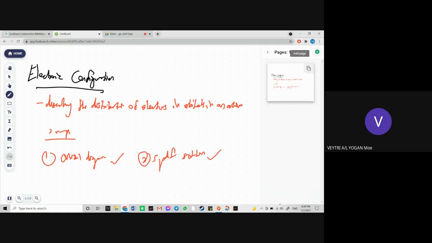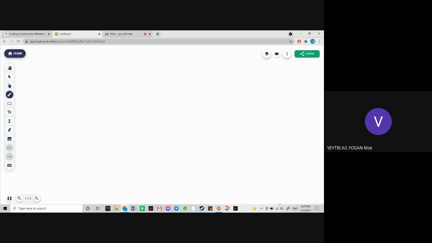Let's have a look at a simple one. Let's try an element, lithium, Li, and Z is the proton number, which equals 3. Proton number is equal to the number of electrons if the atom is stable. Please note that.